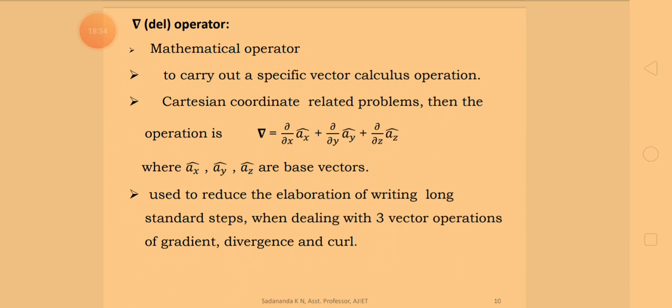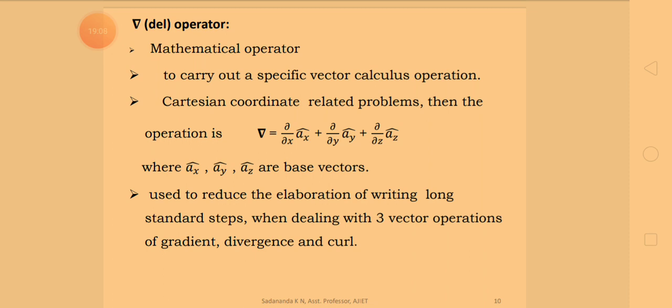Next topic is the del operator. Del operator is a mathematical operator which is used to carry out specific vector calculus operations. If the problem is related to Cartesian coordinates, then the equation for del is dou by dou x of ax cap plus dou by dou y of ay cap plus dou by dou z of az cap, where ax cap, ay cap and az cap are the base vectors.